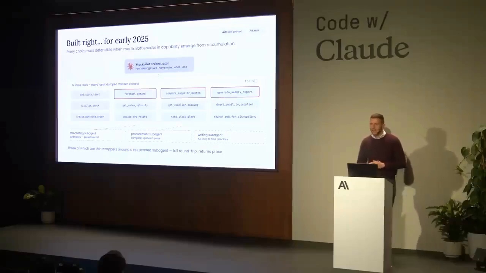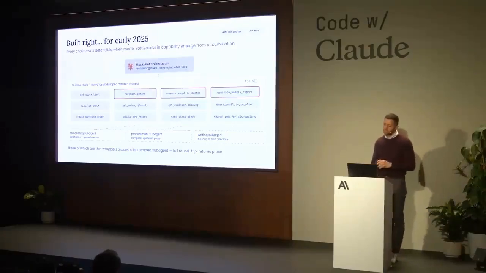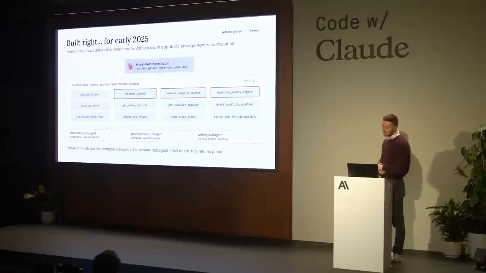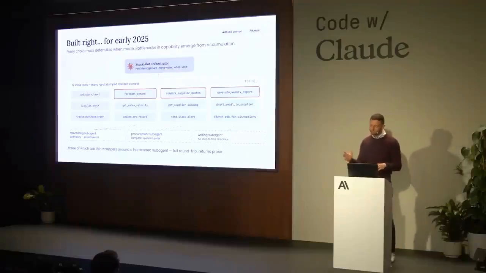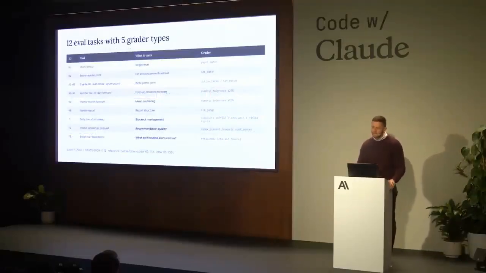So we decided to add another sub-agent for that report writing capability. Again, our eval started to dip over time because we added more and more complexity while just bolting this capability on. So let's take just a little bit of time and talk about evals specifically.